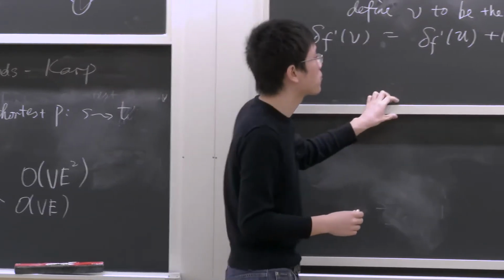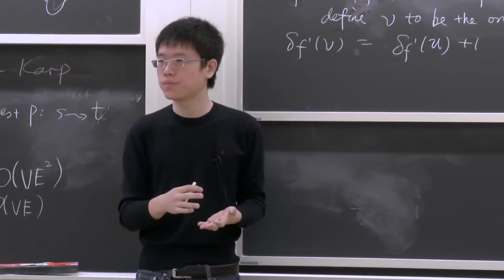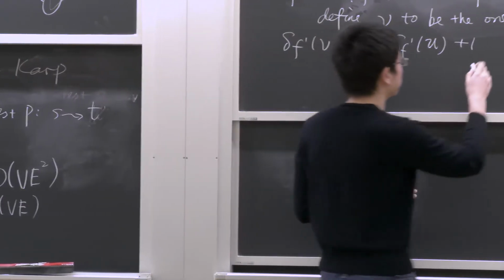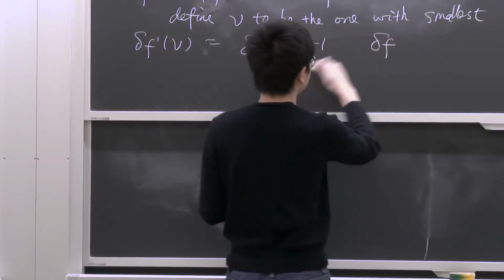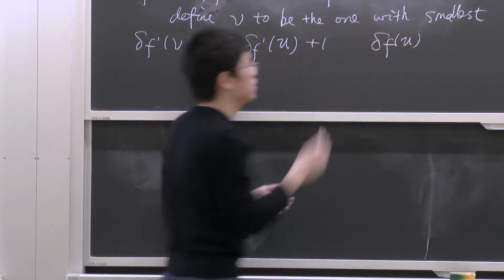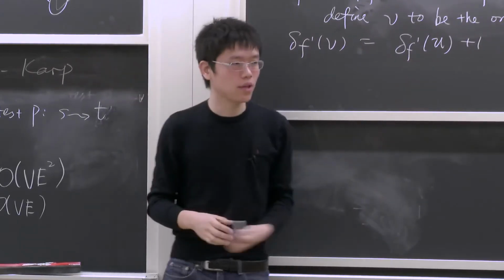Okay. Now I'll use U to be my stepping stone back to the original graph F. Right? I want to say something about this quantity and delta U in graph F. What can I say about that?